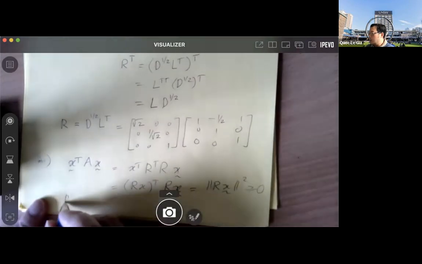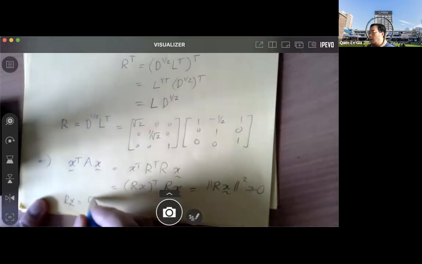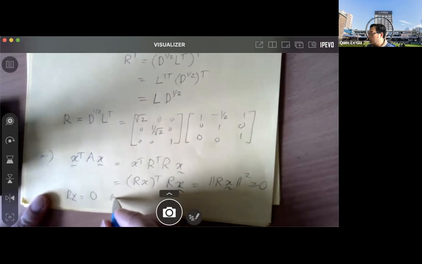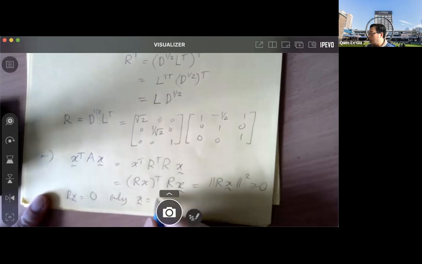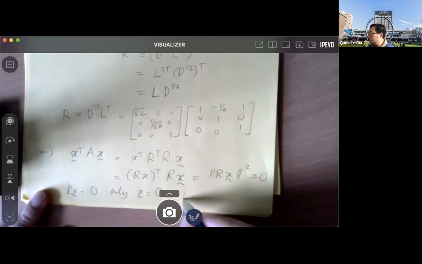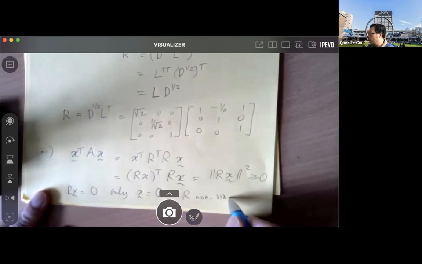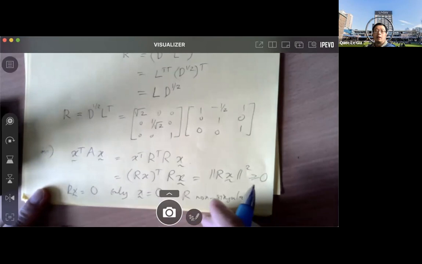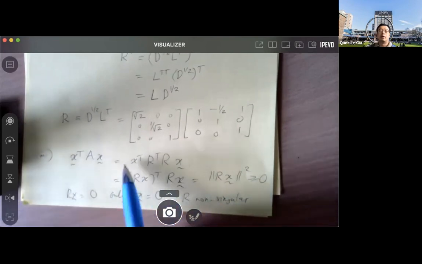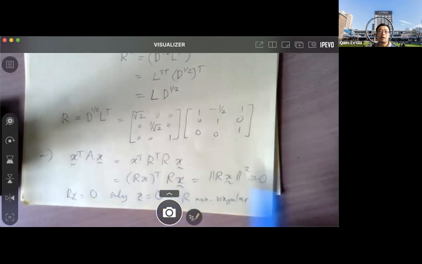And RX equals 0 only when X equals 0, because R is non-singular. Therefore, this is positive. So the matrix A is positive definite.